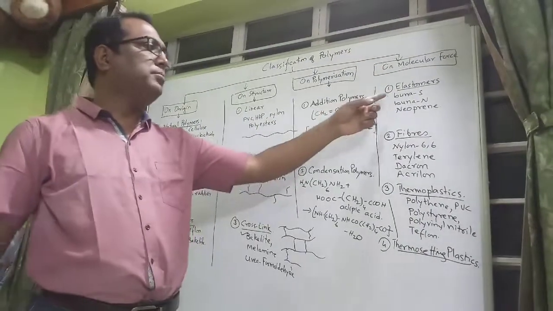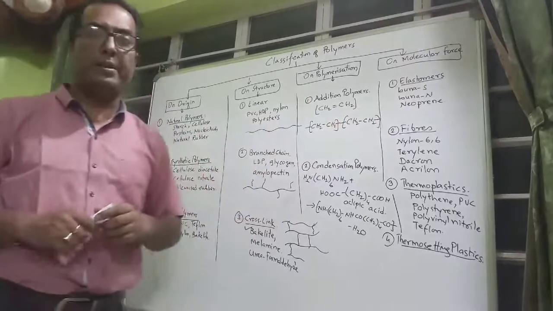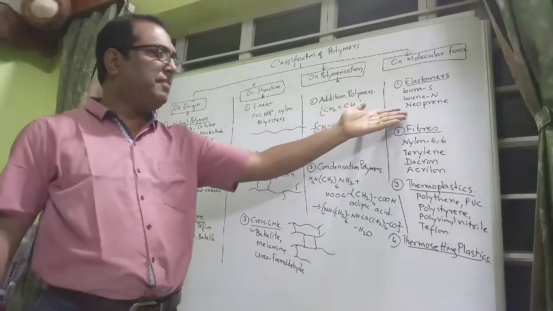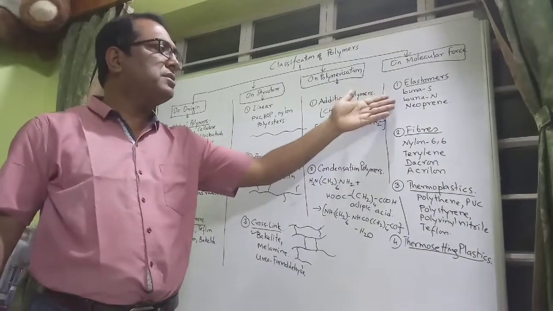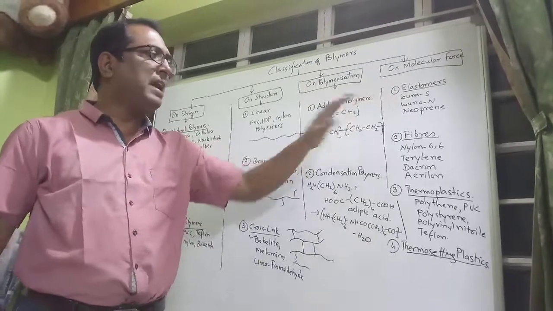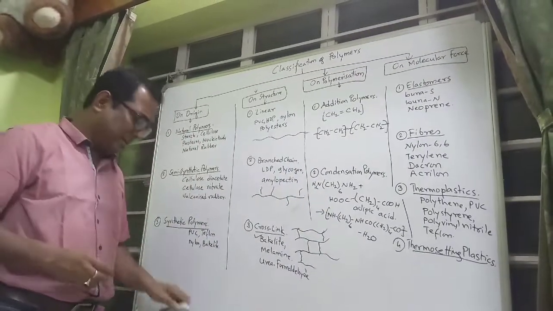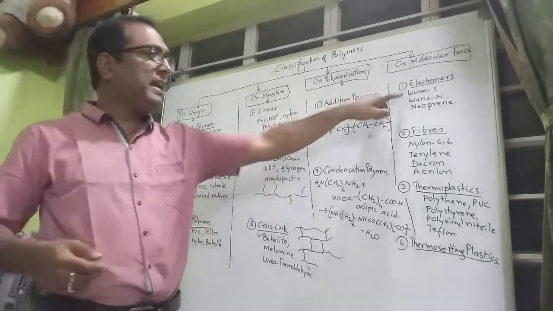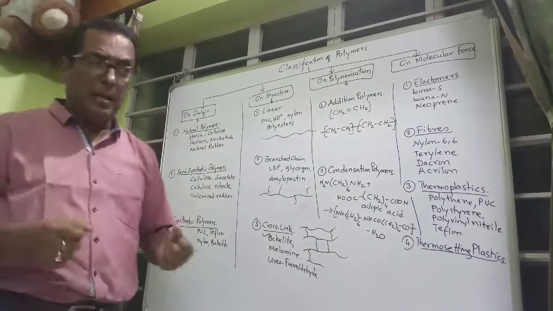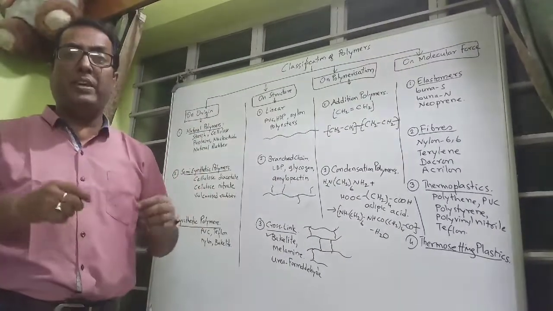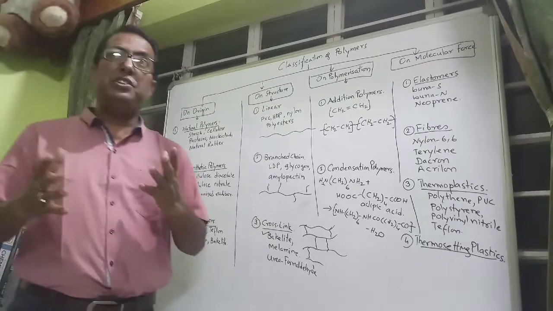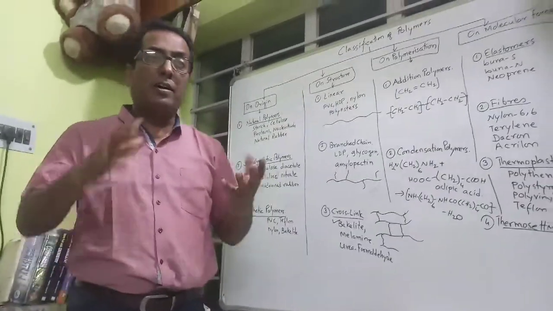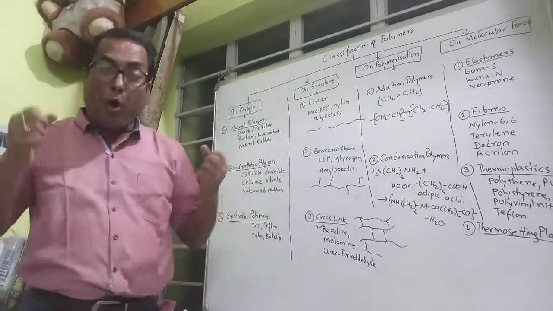Examples are given here: Buna S, Buna N and neoprene. You can see, student, these are of the rubber variety. So elastomers include Buna S and Buna N. Buna S is 1,3-butadiene with styrene, and it is usually used for making compounds for storing oils.